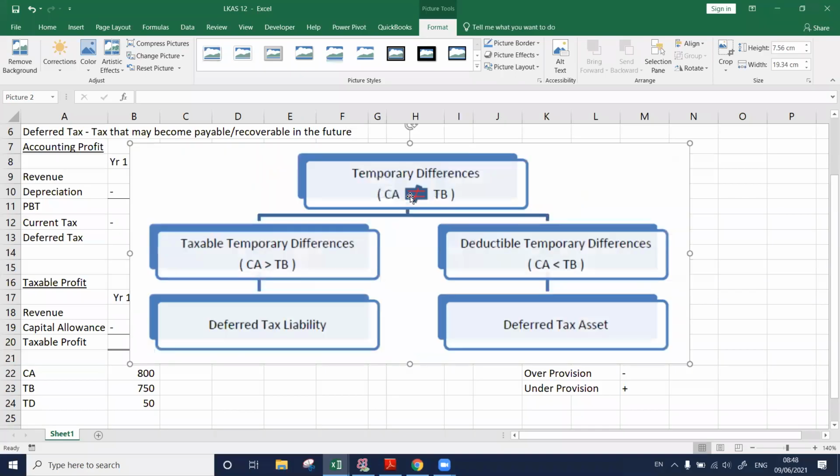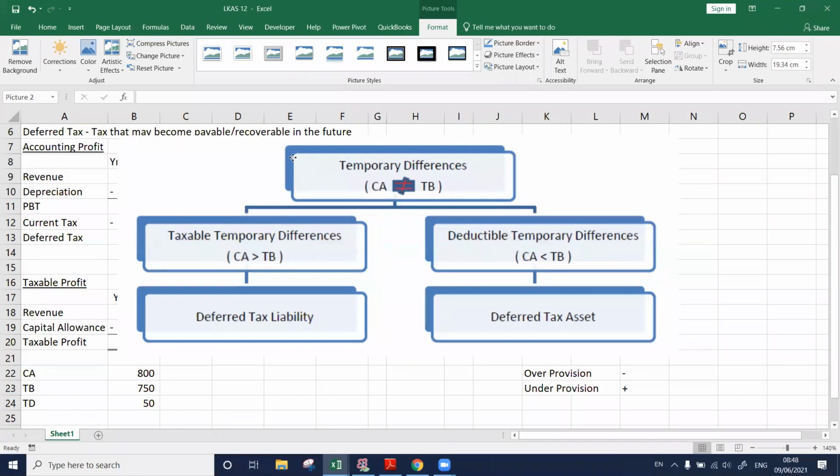This can be a taxable temporary difference or a deductible temporary difference. How to determine that?